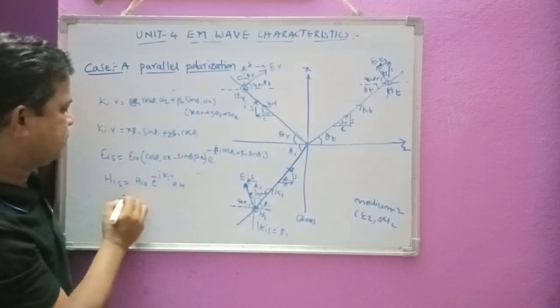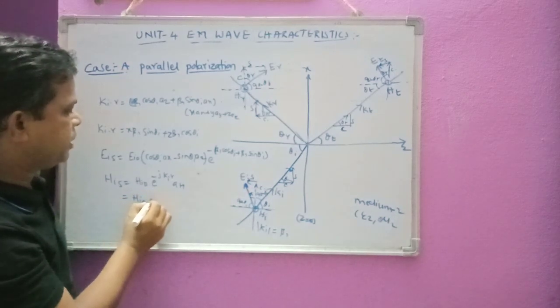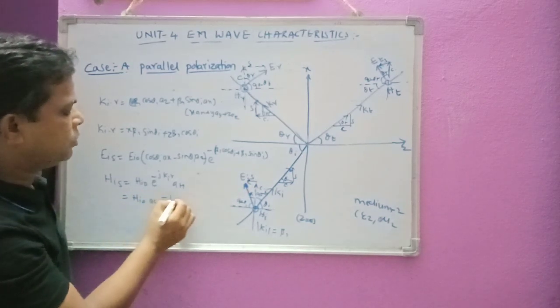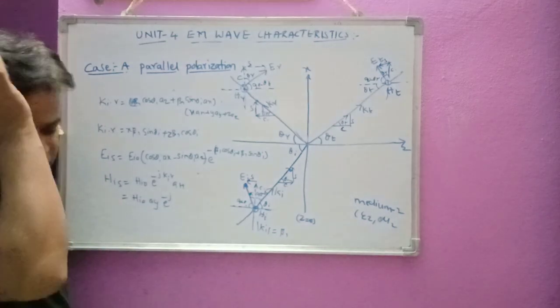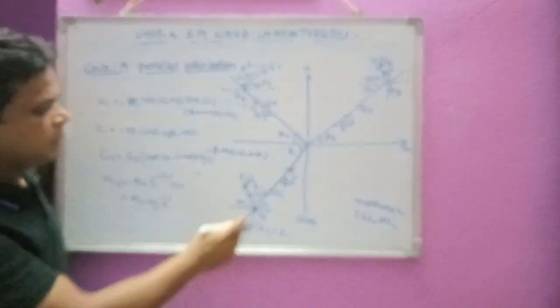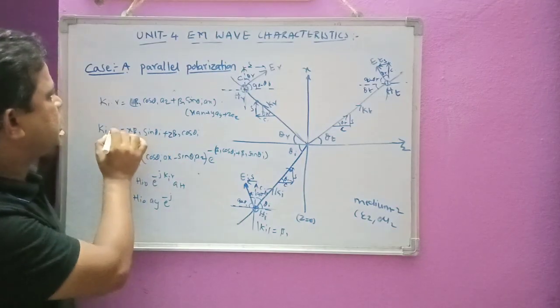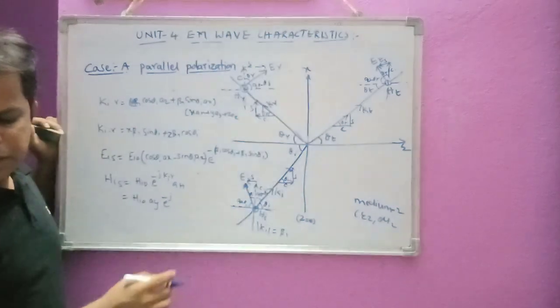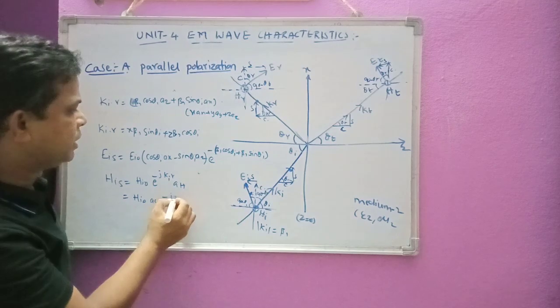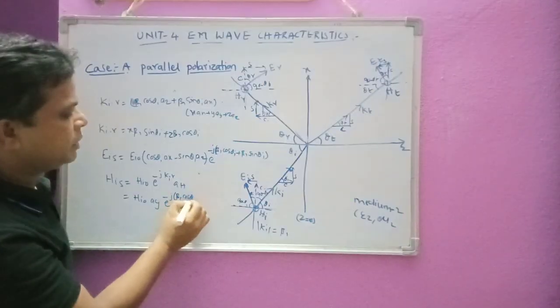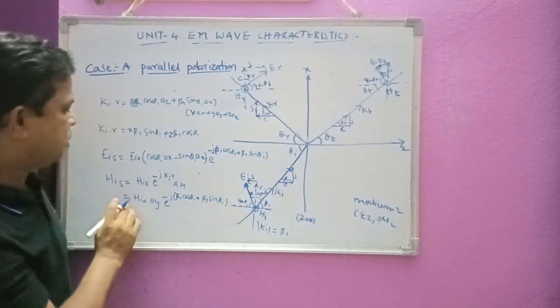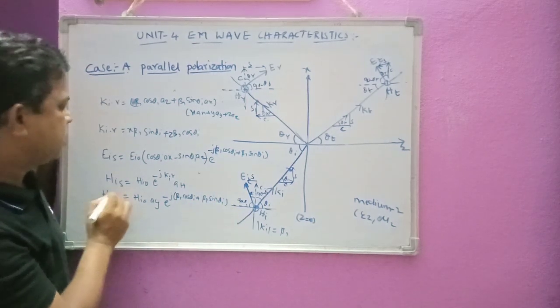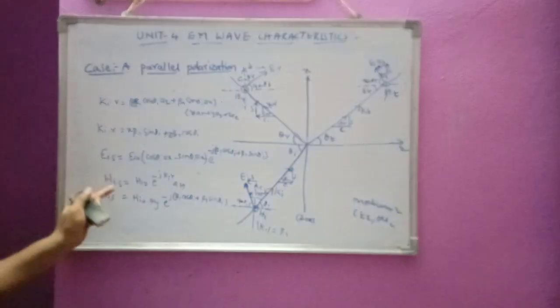So I can write H_i0 a_y e power minus j k_i dot r. So k_i dot r will be the same as that of the electric field, so we don't have any change here. I can write directly e power minus j times beta 1 cos theta_i z plus beta 1 sin theta_i x. So there is no change for this H_iS. We have got two equations, E_iS and H_iS.